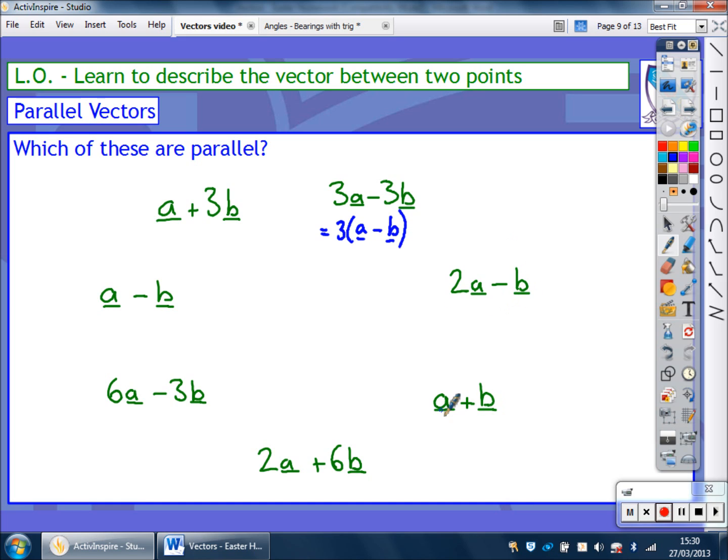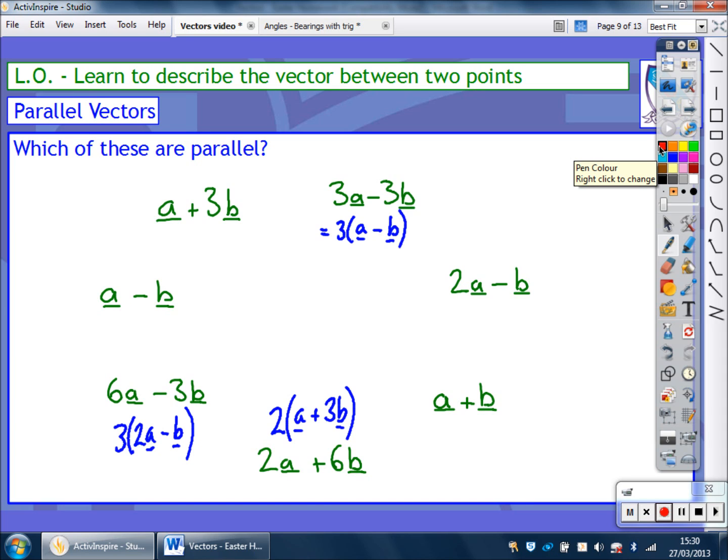A plus B is simplified as far as it will go. 2A plus 6B, if I take a 2 out of the brackets, then that leaves me with A plus 3B. 6A minus 3B, I can take a 3 out of the brackets, and that leaves me with 2A minus B. And A minus B, that's as simple as it will go as well.